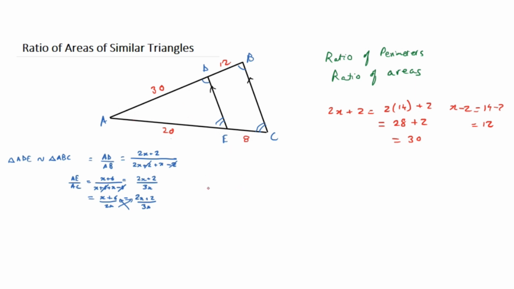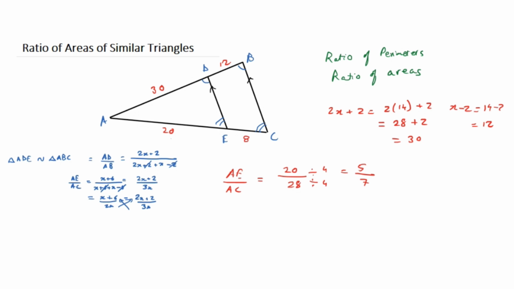So let me take it as this AE over AC. So AE is 20 centimeters and AC is 20 plus 8, which is 28 centimeters. I can divide both of them by 4. So 20 divided by 4 gives me 5, and 28 divided by 4 gives me 7.